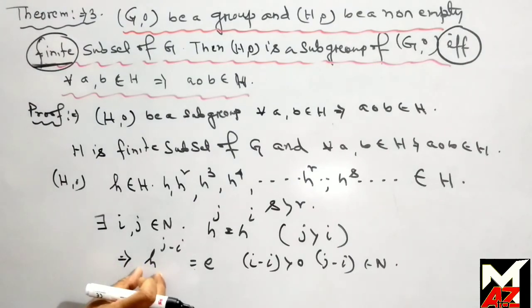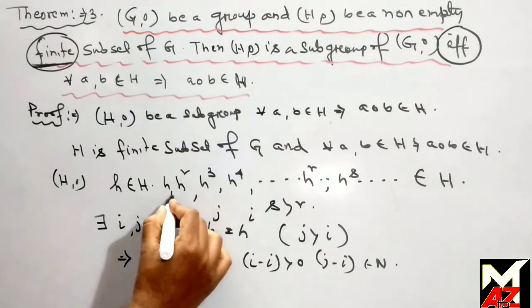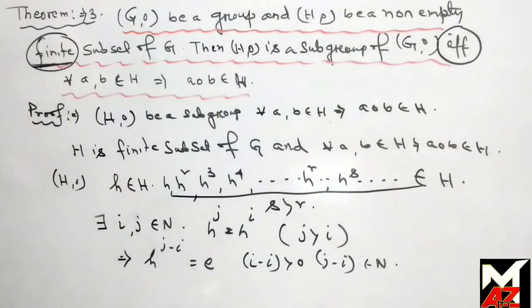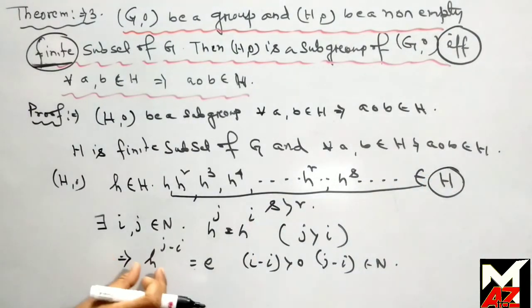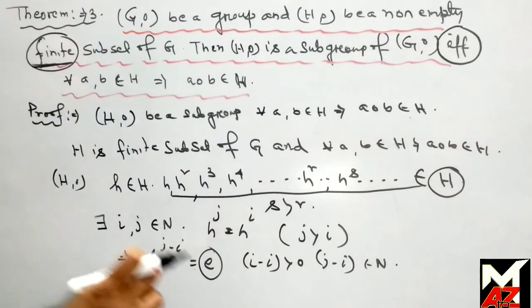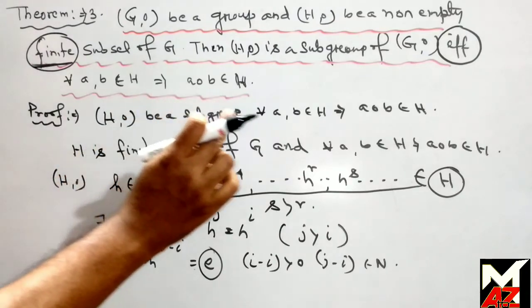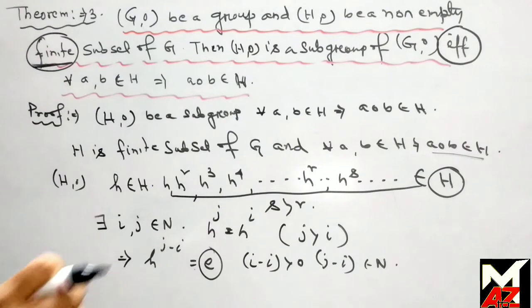So h to the power of a natural number must be in the set H, and the value of h to the power j minus i is the identity element. So the identity element belongs to H. So the identity property holds. That is, we first get closure and second we get the identity property.